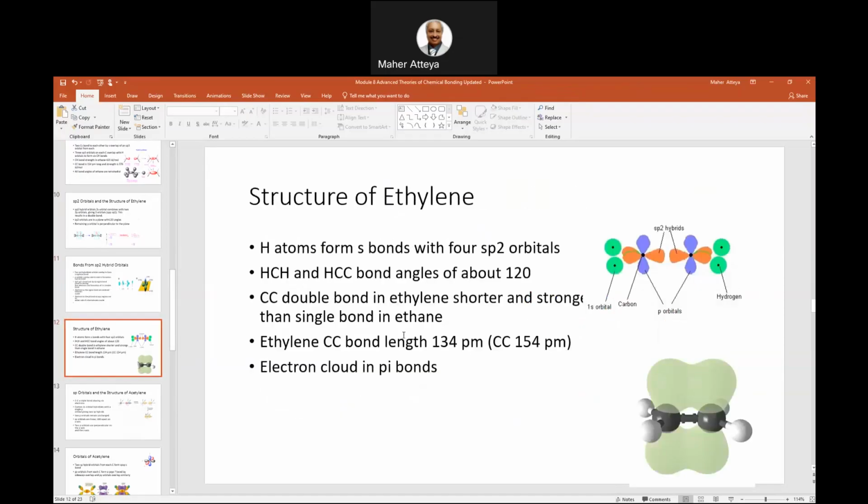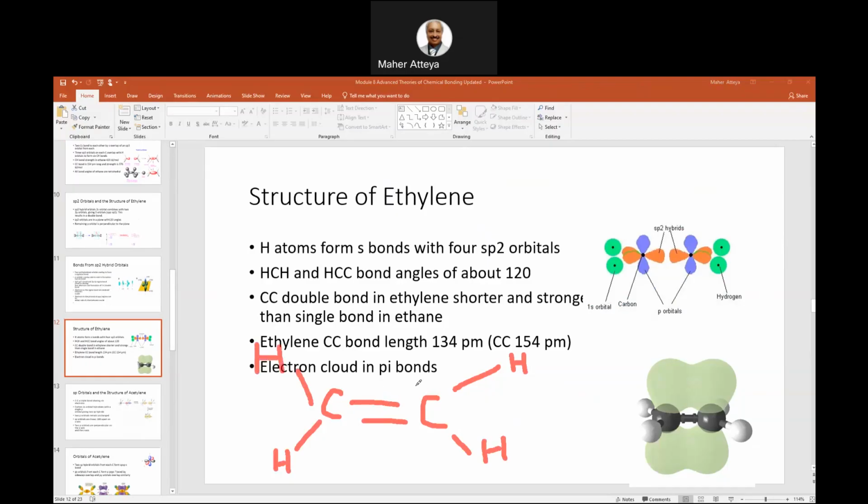So let's do ethylene. Ethylene is the same thing. Ethylene has the structure of a double bond carbon, and you have hydrogen here and hydrogen here. Those type of questions I saw in the past are concept-wise. They don't ask you for calculations, just the hybridization on carbon to the other carbon.